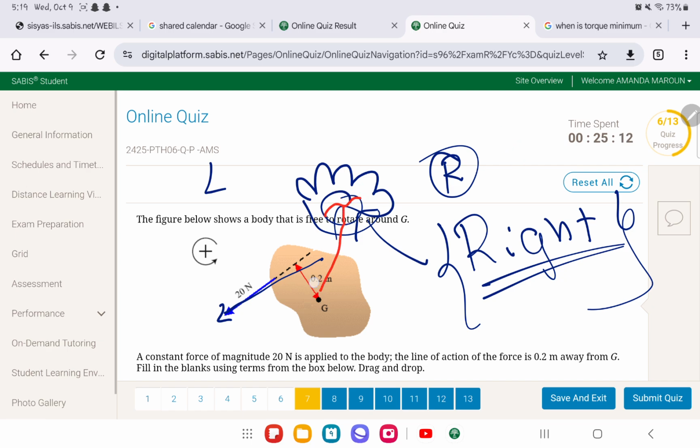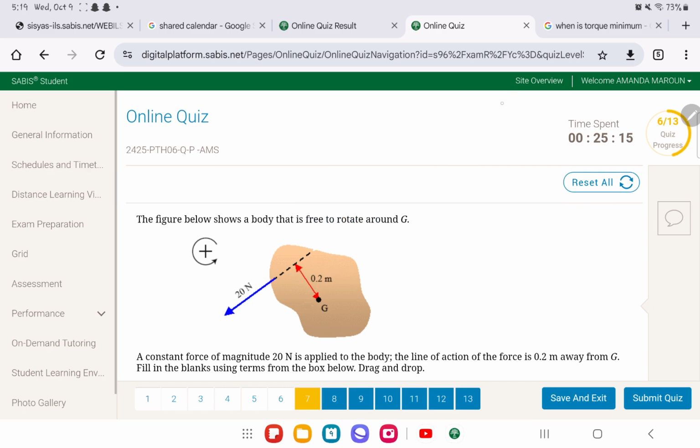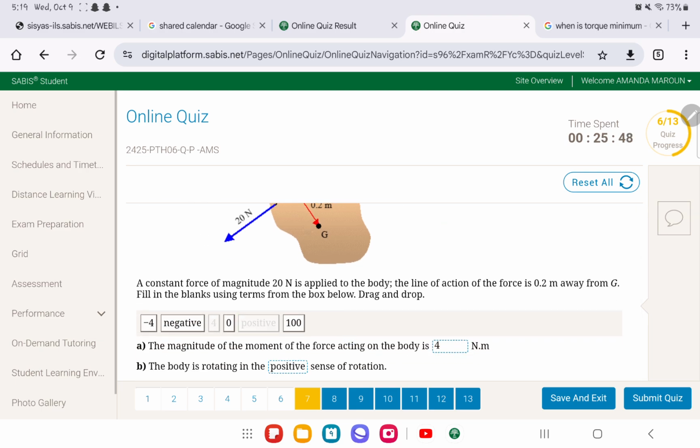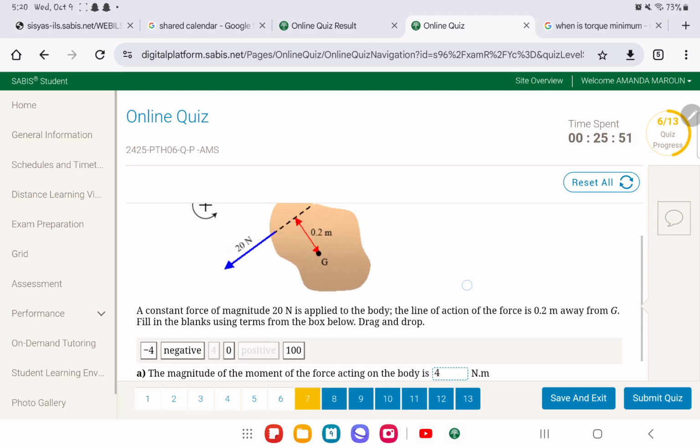It should be facing towards G. So you put your right hand on the force, 20 newtons, your palm faces the axis G, and you will see that your thumb is pointing away from the tablet. If the thumb is pointing away, outwards from the tablet, then it is in the positive direction. So the body is rotating in the positive sense of rotation.